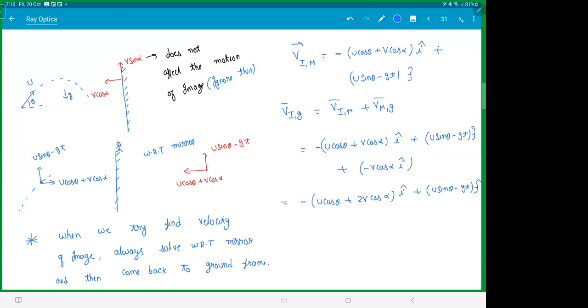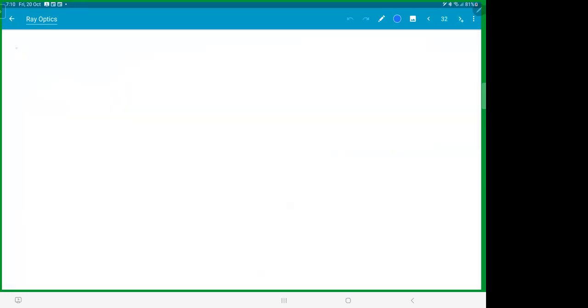Projectile, vectors, optics. Three chapters. Next one is fun. We have a person who is 2h. We have another person here who is only height h.